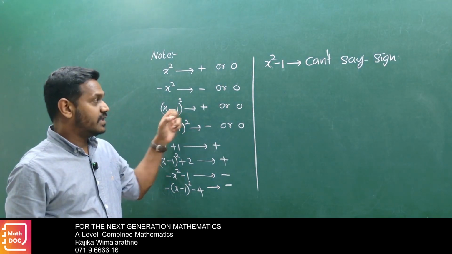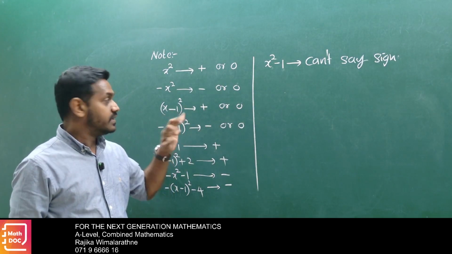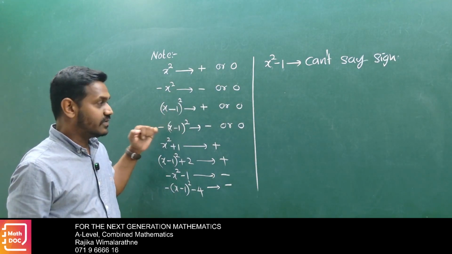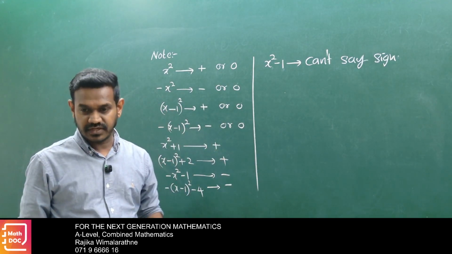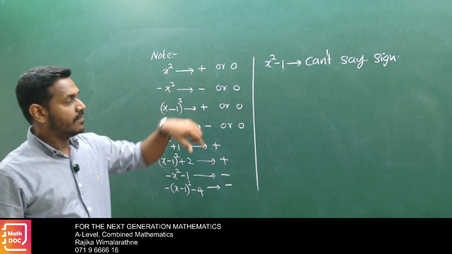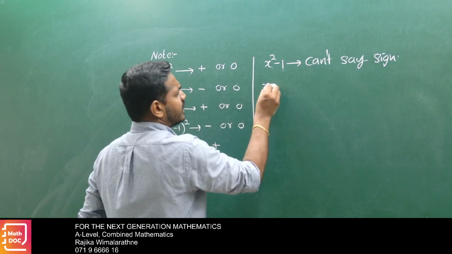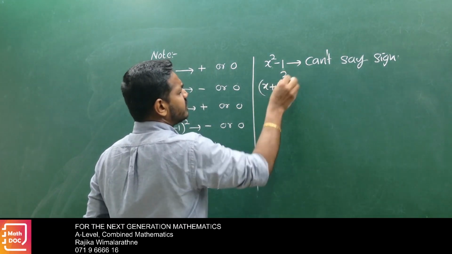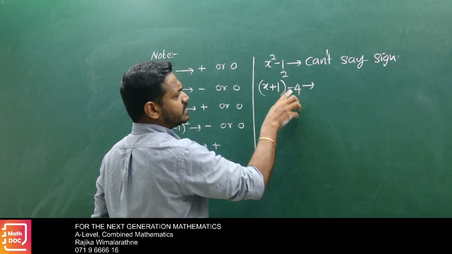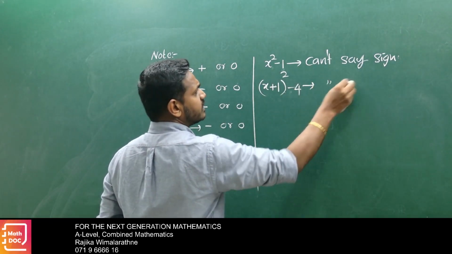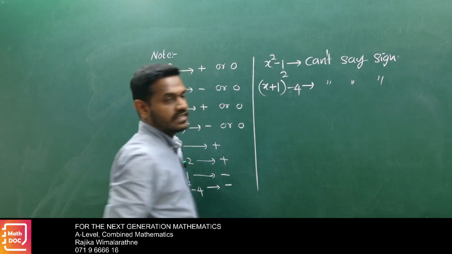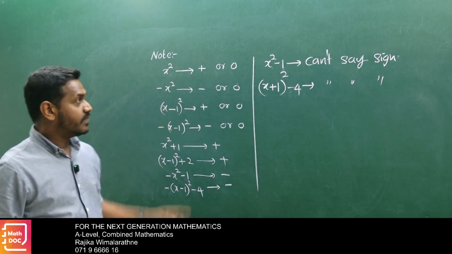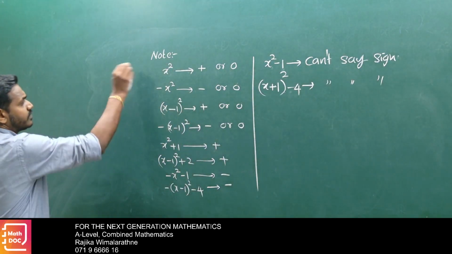A perfect square can be positive or 0. So a perfect square with a minus sign outside is negative or 0, no? Okay. Then (x + 1)² − 4, because of this minus sign, we can't say its sign, no? Better note that.